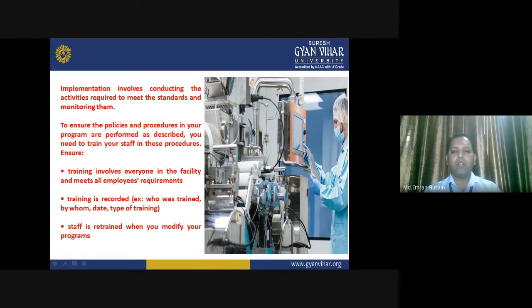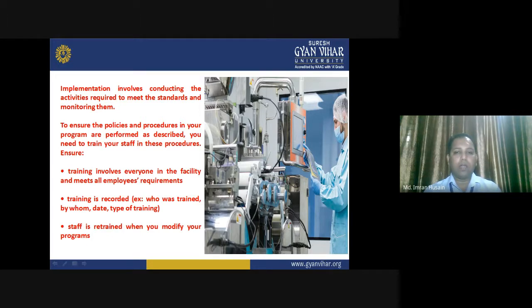And if any mishappening takes place, what are the safety procedures that they have to follow, and how can they avoid such accidents. So every time you have to make sure that everything is being made according to the standards and everything is being followed up properly.